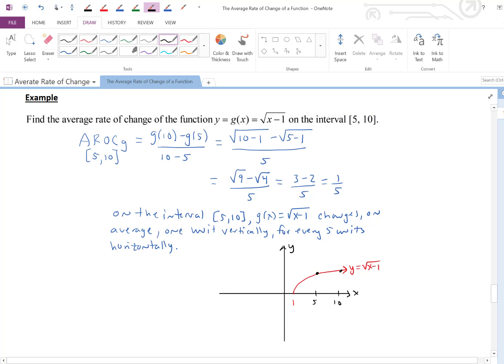Draw a line through them like so. The slope of that secant line is 1/5. And it tells us, consistent with the sketchy graph we just drew, you move over 5 units in the horizontal direction, you're only going up 1 unit in the vertical direction. So it's telling us on average it's getting bigger, but kind of slowly.